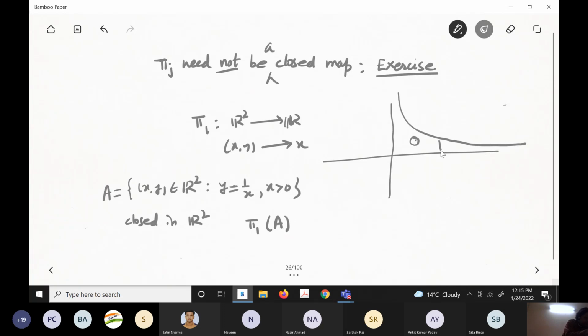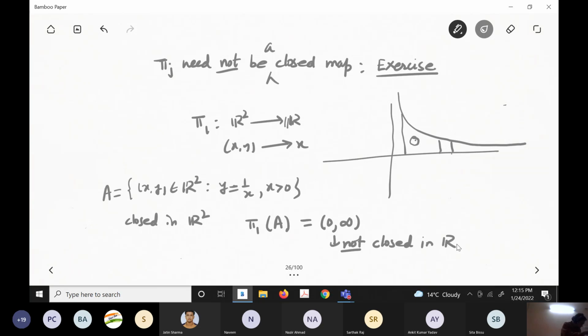You are taking this point, this point, this point. But 0 you will never get. So this is not closed in R. So this is an example.